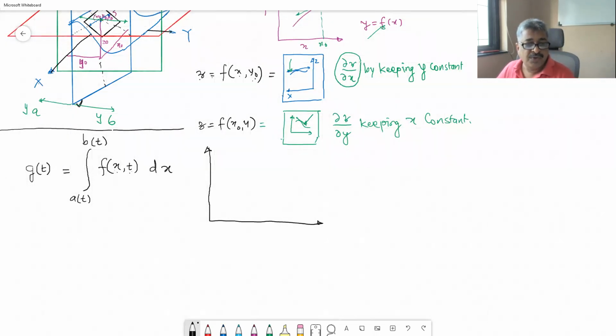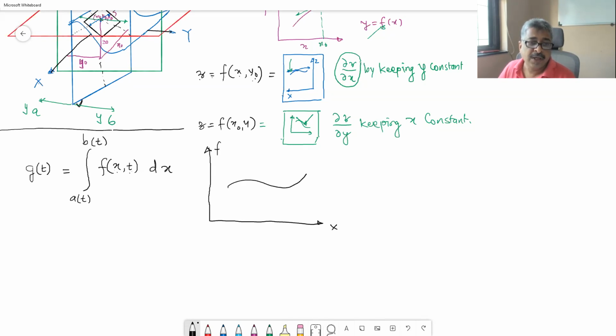Now, suppose there is a function. This is x and this is f of x. Let us call it only f, because it is anyway f of x comma t.